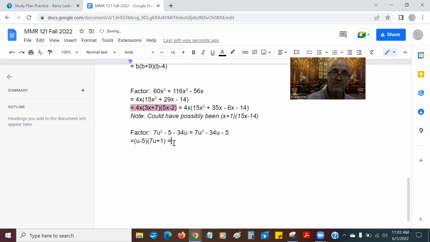So if I FOIL it out, I wind up getting 7u squared minus 35u plus 1u. I normally don't bother writing the 1, but I'm going to do it here. And finally I get minus 5.